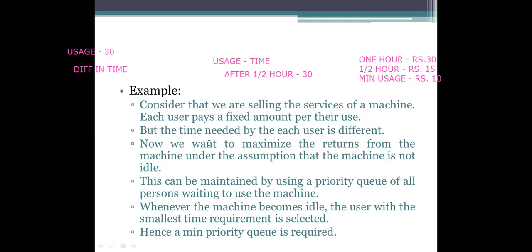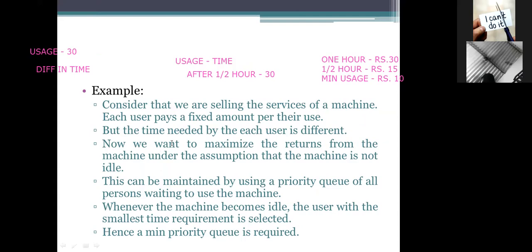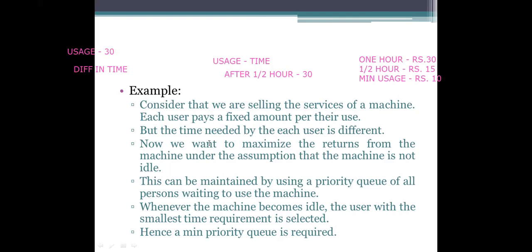For example, in laundry services, they need to put coins into the machine and it cleans the clothes. Here the problem is that somebody may use it for half an hour, somebody may use it for many hours.